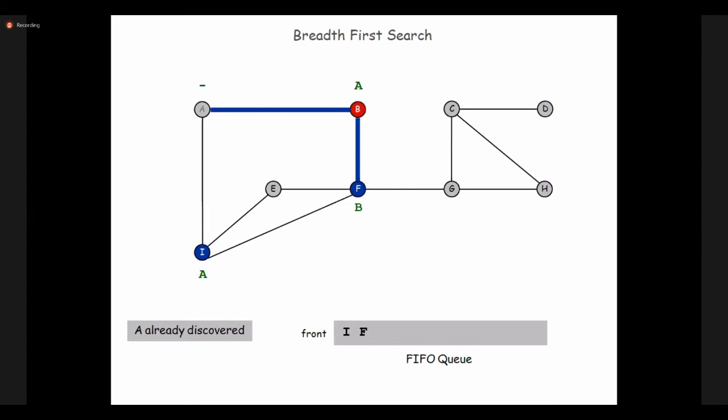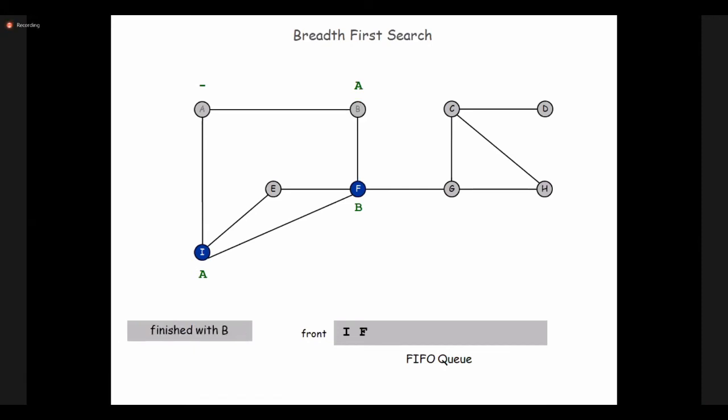Only one time we place it onto the queue, no duplication. So F. Based on the queue, the item at the front end, that element's adjacent vertices we are visiting.